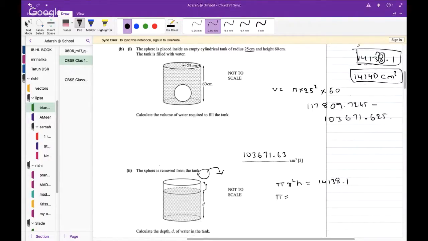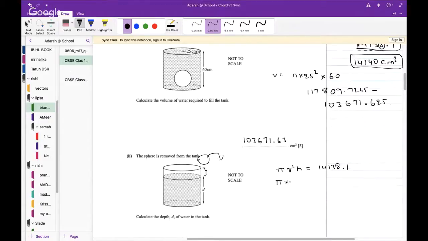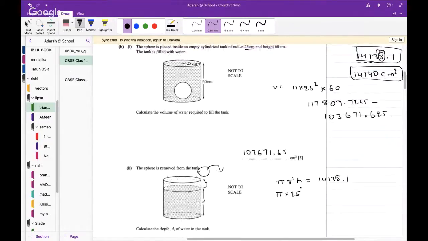Radius remains the same. So pi into radius, which happens to be 25 square, into h. We are supposed to figure out the height, let me call this h. So h equals 14138.1 divided by pi into 25 square.